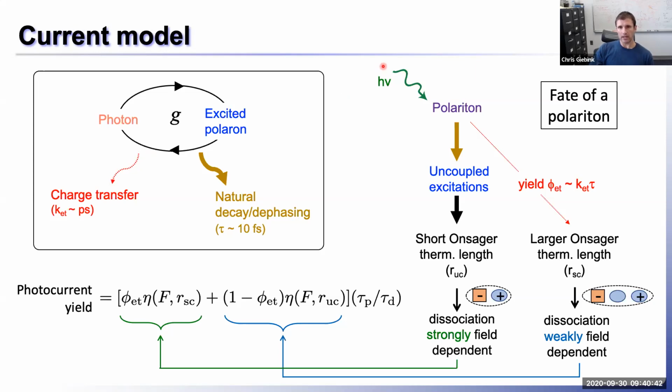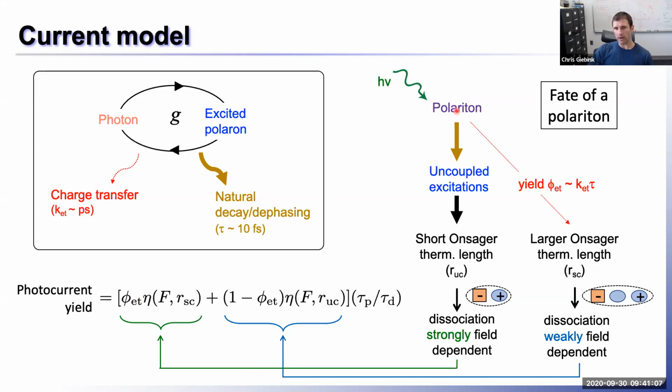So if we come in with a photon and resonantly excite our polariton, the vast majority probably just decay and dephase naturally. Those that dephase go into uncoupled excitations, which have a short Onsager thermalization length, so they have a strong field dependence for dissociation. That gives you one contribution to the photocurrent that we observe.